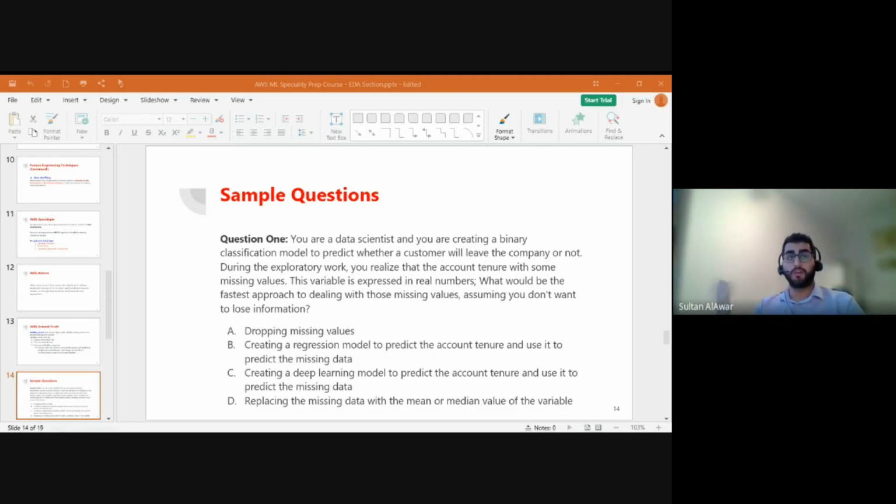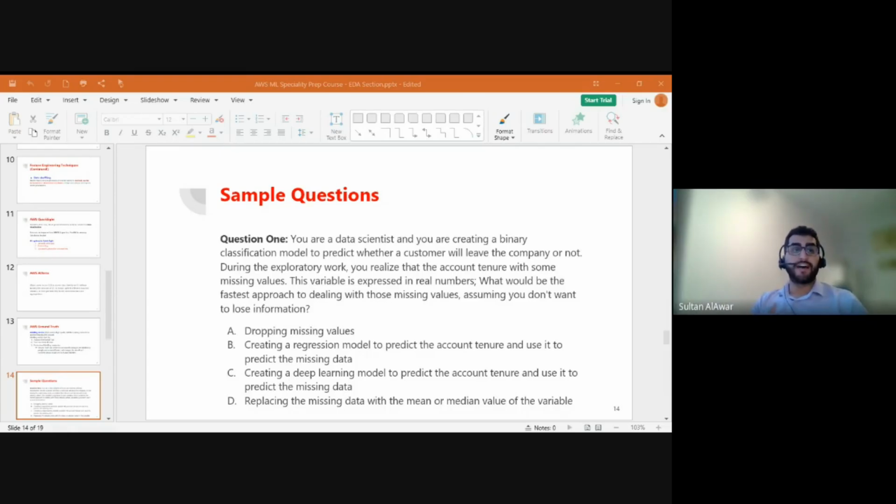We could think of dropping the rows, which is the least favorable approach. We could think of replacing with median or mean. Median is better when we have outliers. We can think of using KNN, or we can think of developing a regression model, which helps us to study the relationship between account tenure and other features. These are the 4 potential solutions.